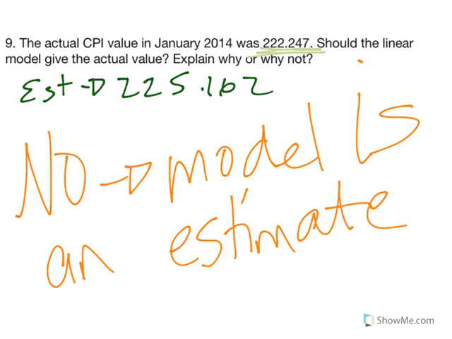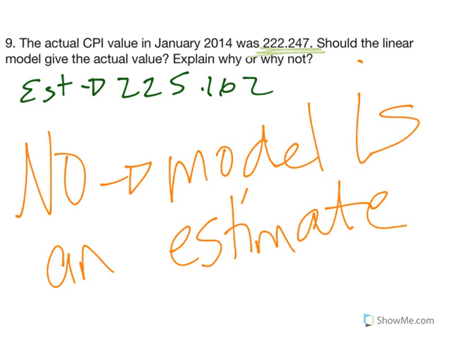That's why we call it a model. It's not exact. If we wanted exact values, we would just deal with the scatter plot. A model is an estimate. Sometimes your estimate is going to be high, sometimes low. It'll be close, right? 225 is pretty close to 222, so we're not too mad about that.